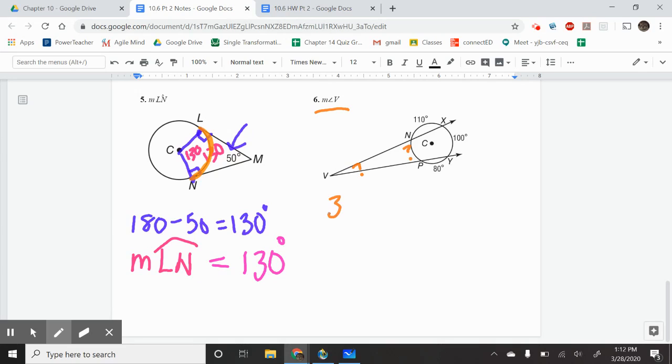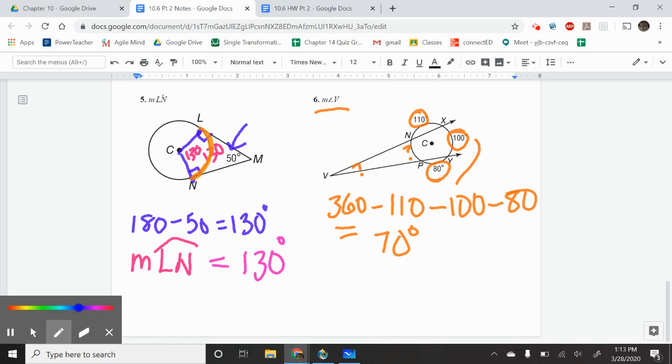So I have 360, and I'm going to take away the 110, the 100, and the 80, and figure out what's left. So as you can see, this is 180 already. So you could probably just do 180 minus 110, but I'm just going to do the whole thing. 360 minus 110 minus 100 minus 80, and all of that is equal to 70 degrees.